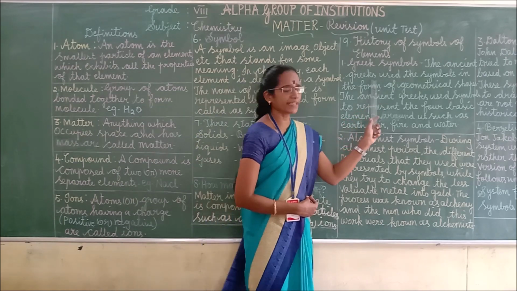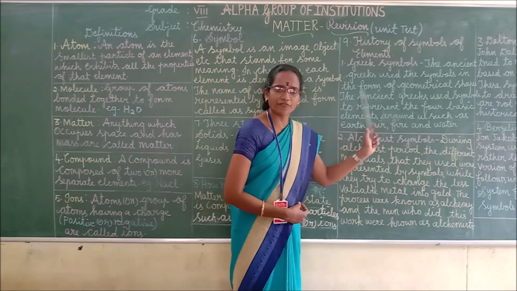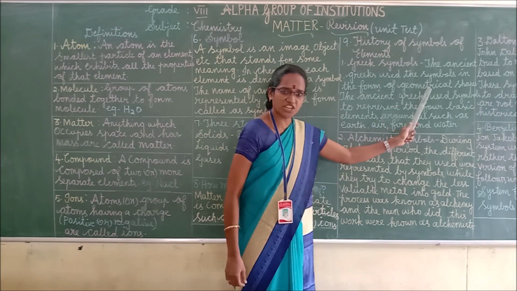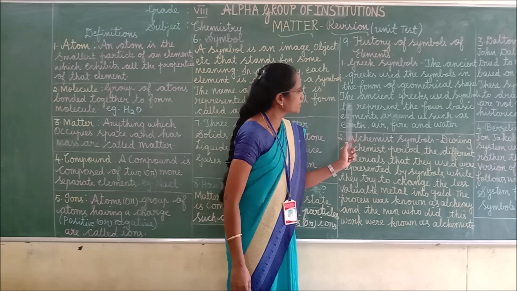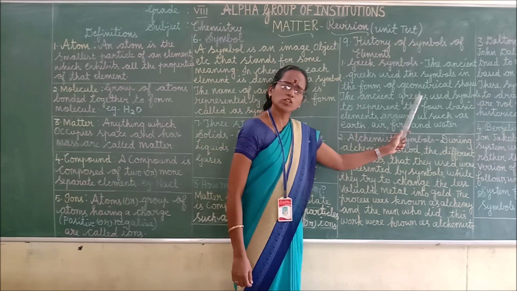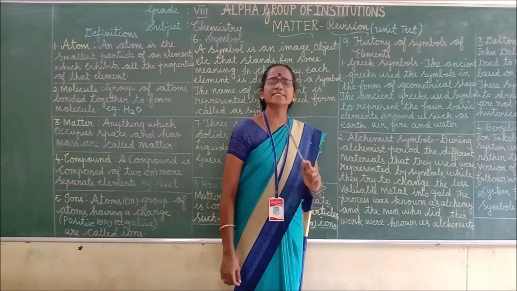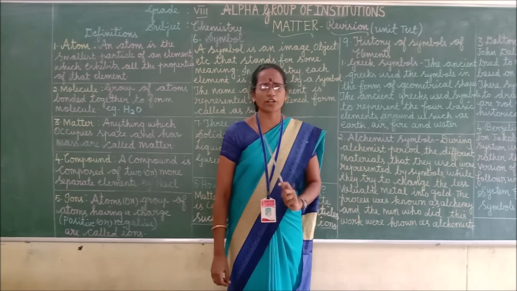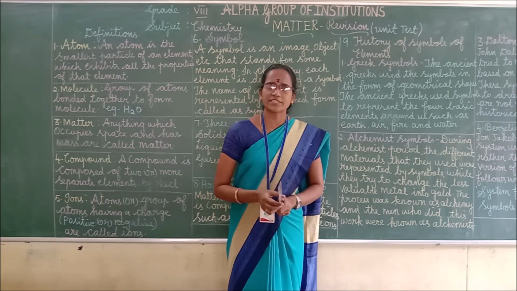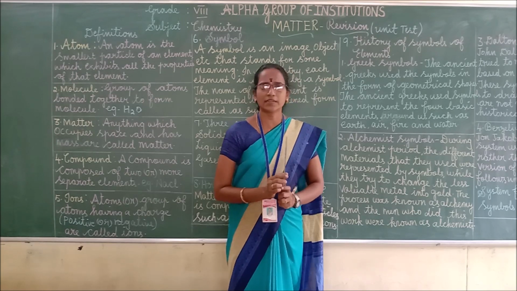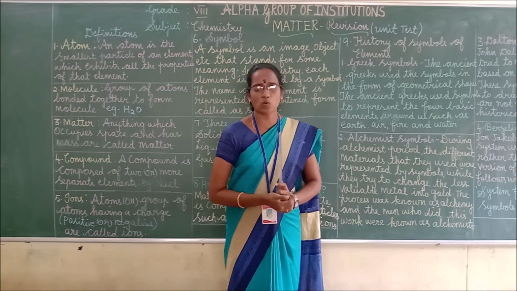So, the ancient Greeks also used the symbols in the form of geometrical shapes only. Also, the ancient Greeks used symbols to represent the 4 basic elements around us. What are they? Air, water, fire, and earth, by using symbols only.